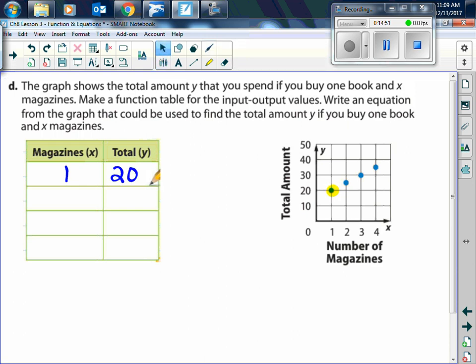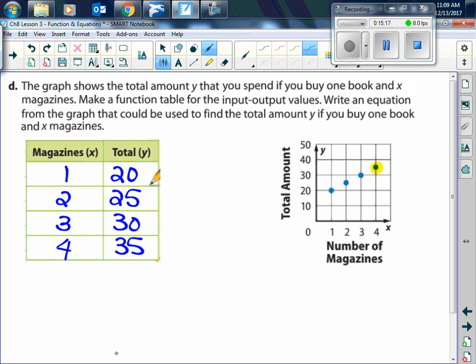What are the coordinates for that one? 2, 25. Good. How about that one? 3, 30. And then the last one, 4, 35.